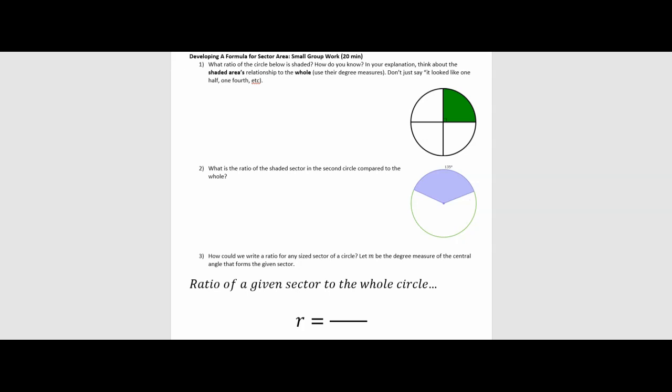Okay, so for the first one, maybe you are thinking in your head it's got to be 1/4, right? Well, it is 1/4, but how do we prove that? How do we prove that the actual green shaded area is 1/4 of the circle? Well, we can see this little 90-degree angle in here, right? So 90 degrees is the measurement of the angle that's shaded.